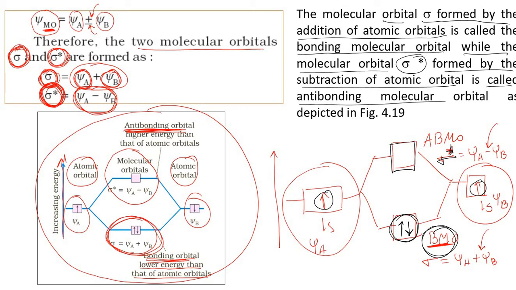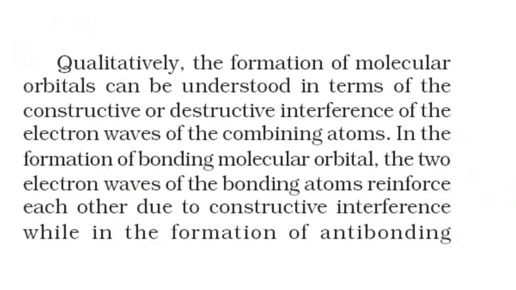All you have to understand is the bonding and anti-bonding molecular orbital. Anti-bonding molecular orbital is formed by the subtraction of atomic orbitals, whereas bonding molecular orbitals are formed by the addition of atomic orbitals. Is it clear students?